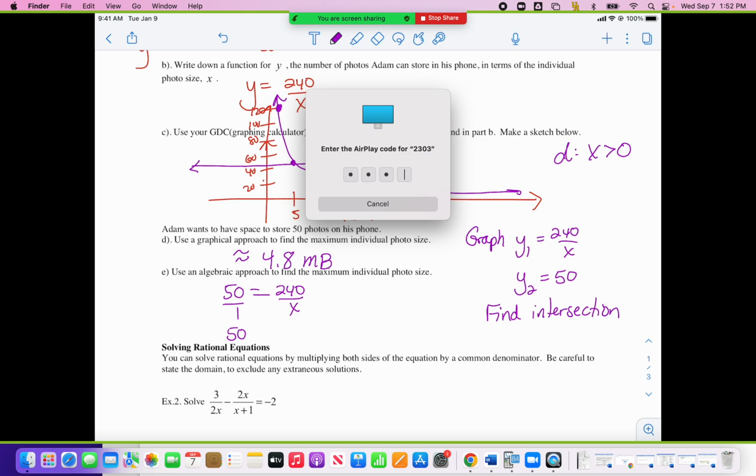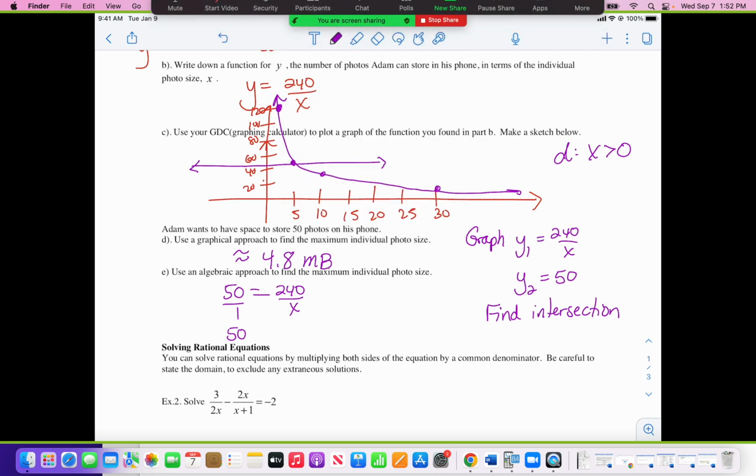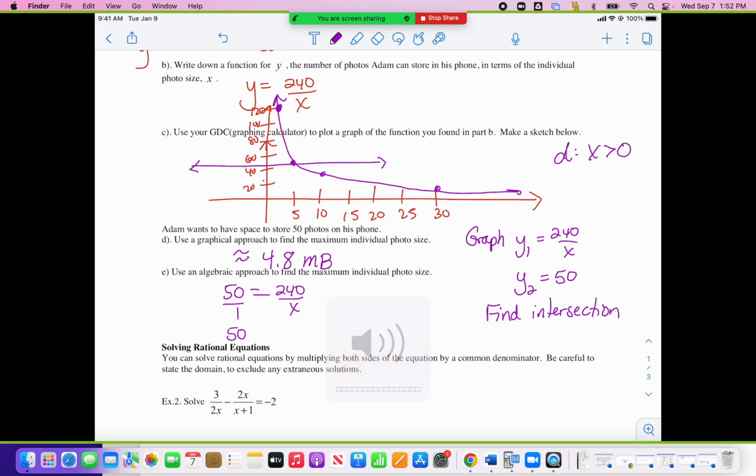So I would set 50 equals 240 over x, then create a proportion. A proportion is when you have one fraction equals one fraction. So I'm going to get 50x equals 240, and I still get about 4.8 megabytes.